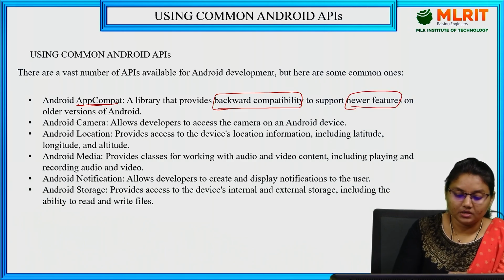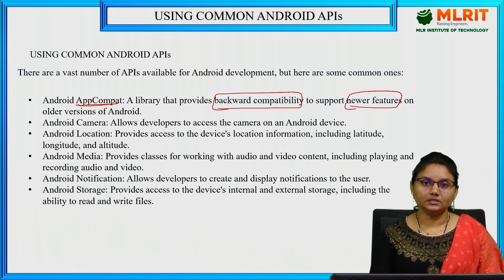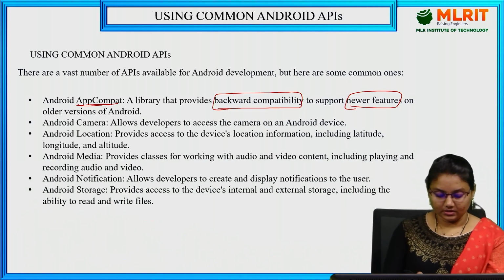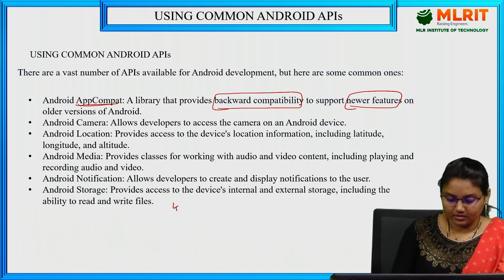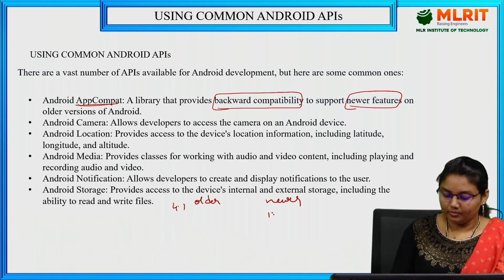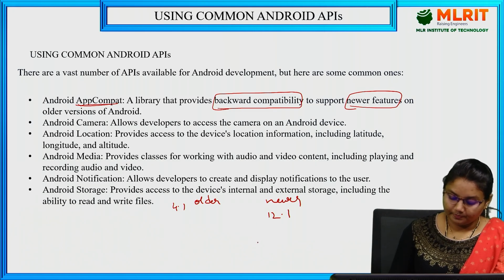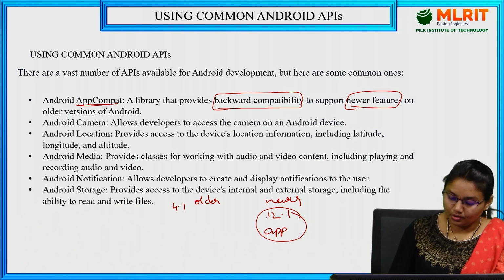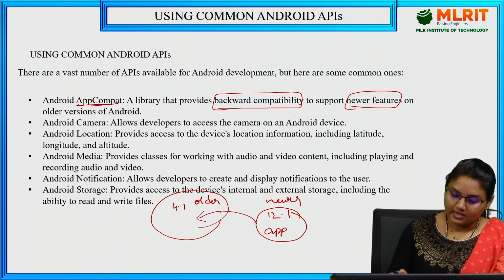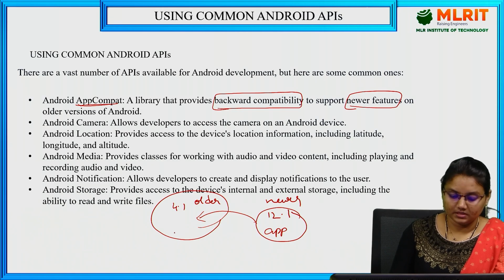That means if there is a mobile phone with the version say 4.1, and this is the older version, and suppose there is a newer version with 12.1, whatever application you are using in 12.1 should also be usable in this older version 4.1, and this application should be able to run in this also. That compatibility we call it.